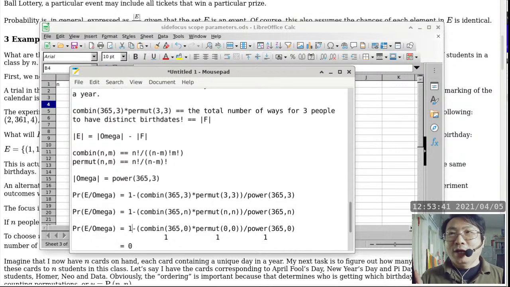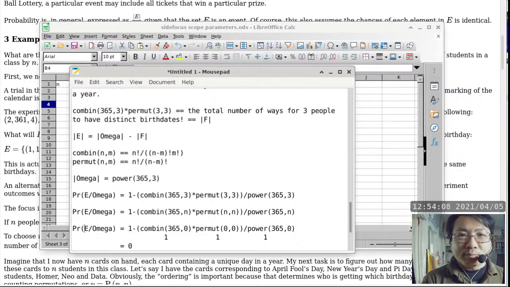In other words, when I have a class of 0 because people heard about my reputation and no one chose to take my classes, the chances of at least 2 people in my class of 0 having the same birth date would be 0. That kind of makes sense, right? Because if there's no one in class, there's no way for at least 2 people to share the same birthday.